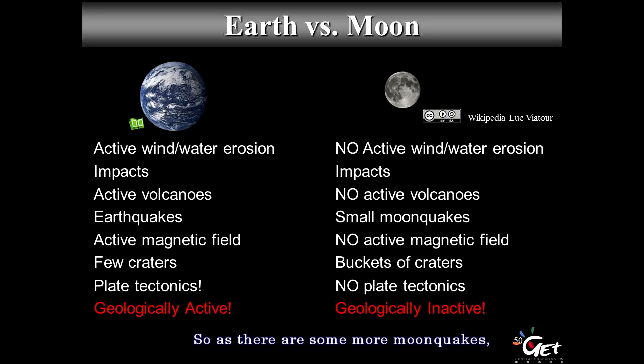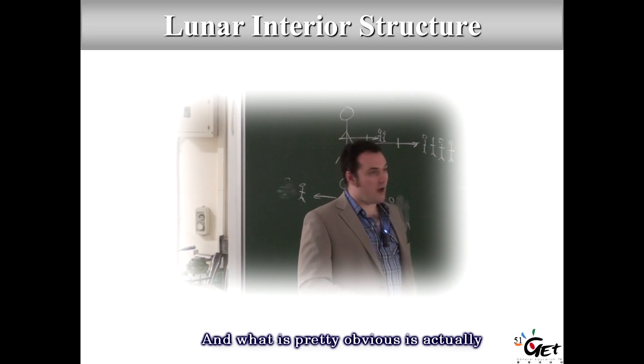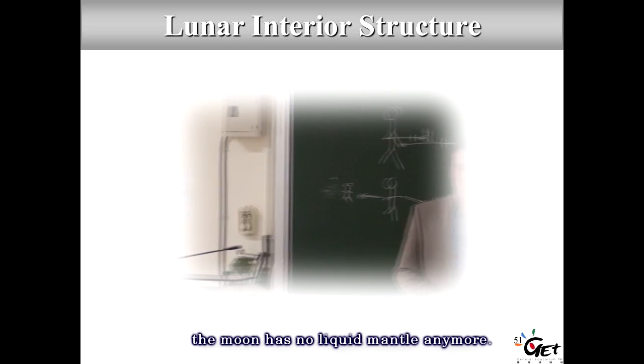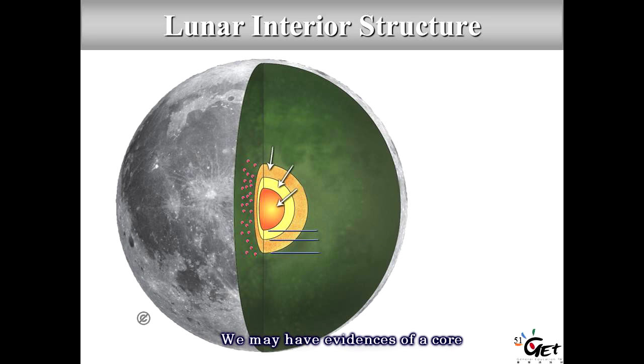As there are small moonquakes, we can do geology, so we can study the structure of the Moon. What is pretty obvious is that the Moon has no liquid mantle anymore. It's all silicate and all solid. We may have evidence of a core, but that is still under debate.